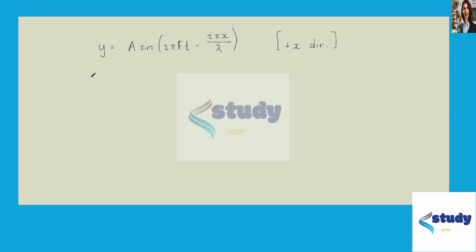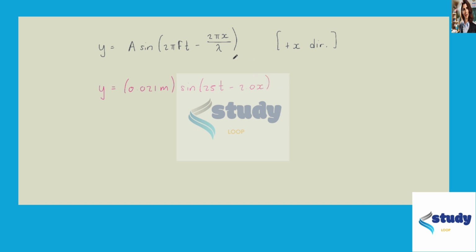Now the equation for the displacement of the wave is given as y is equal to 0.021 meters times the sine of 25 times t minus 2 times x.